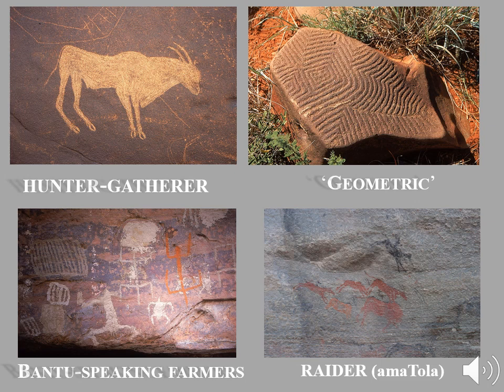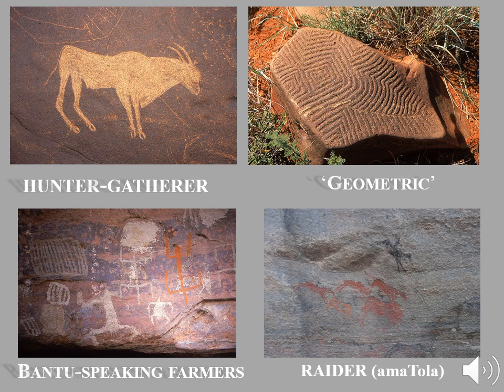Here are four images just to give you an idea of how the different traditions look. I said before that some of the traditions span both painting and engraving. So here I've included an engraving of a hunter-gatherer animal, an eland, which is typical subject matter.